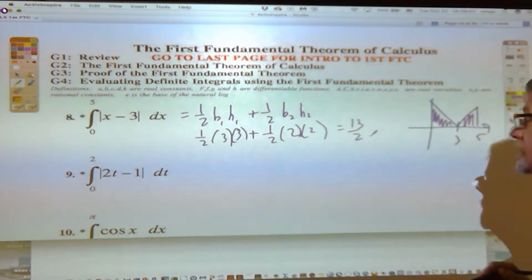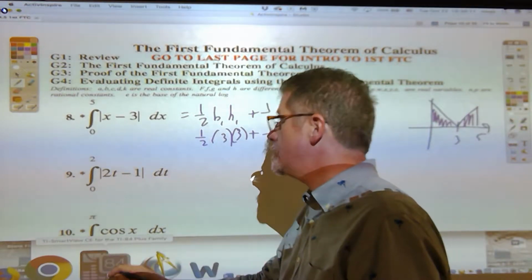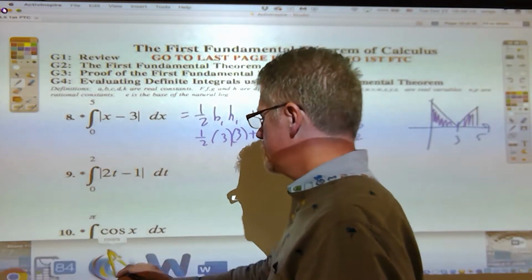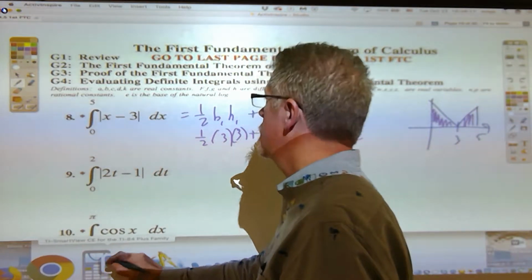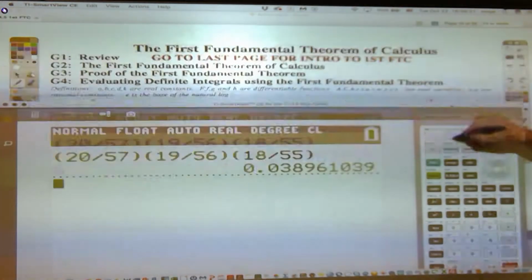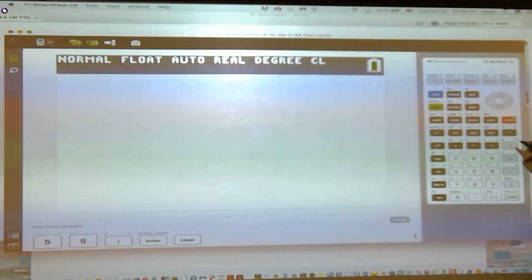Let's see if the calculator agrees with us. If we were to type in all the fancy calculus symbols, and we do have continuity on the interval 0 to 5, so we should be able to do this. What if we type in the calculator the integral from 0 to 5 of absolute value of x minus 3?